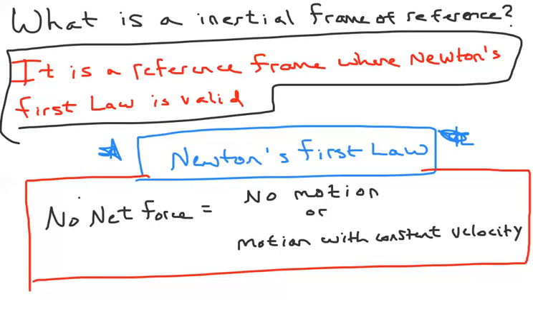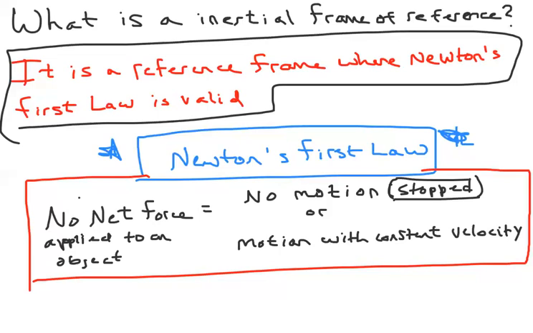And just to remind us, I wrote Newton's first law summed up very simply. The thing we actually need to know for inertial frames of reference is that when there's no net force applied to an object, then it should either have no motion, meaning it should be stopped, or it should be moving with constant velocity, where its speed and direction aren't changing.